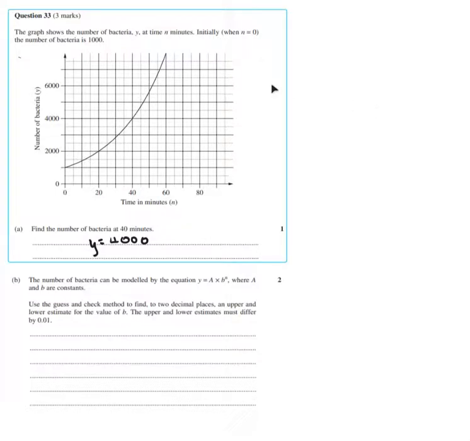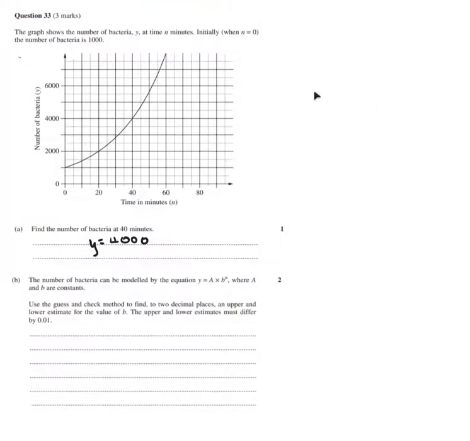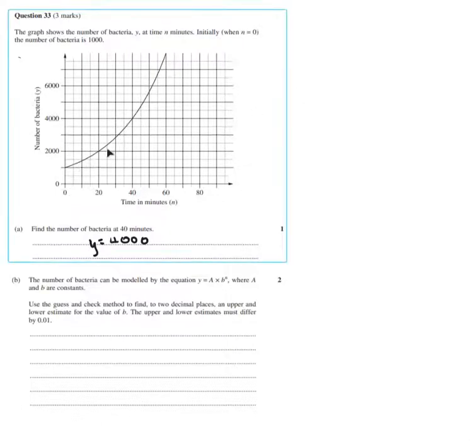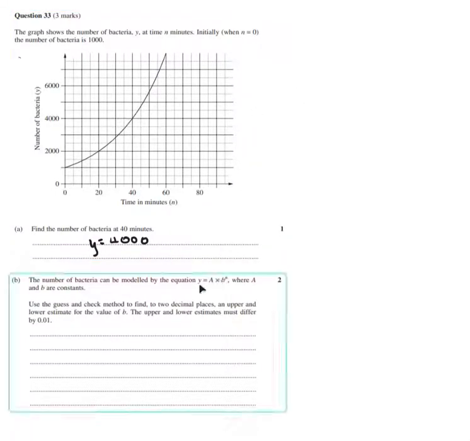Okay, now the second part of the question is the one I guess that you were struggling with. It's saying that the equation of this graph is in the form y equals a times b to the power of n, where a is a constant and b is a constant.